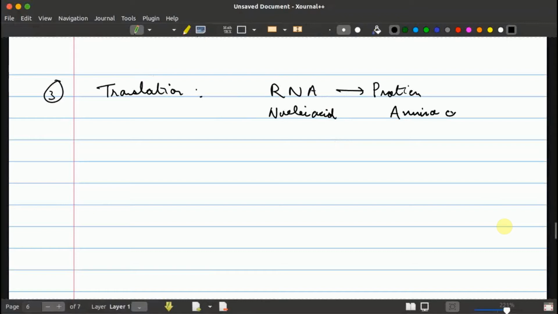So it's like a different language altogether. Another way you can think of it is that it's going from code to actual expression. It's getting translated into something as an outcome. That's how translation works. That is the basic idea.